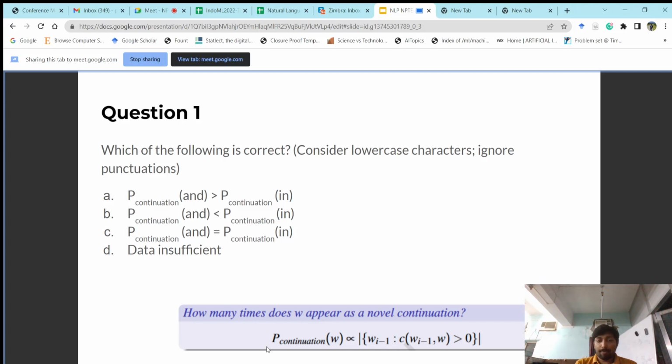Okay, so this value represents how many times W appears as a novel combination. So this is directly proportional to the number of Wi minus 1 cases where C(Wi minus 1, W) is greater than 0. Wherever this W appears, we have to find Wi minus 1 comma W, and if C(Wi minus 1, W) is greater than 0, then that is one unique combination.